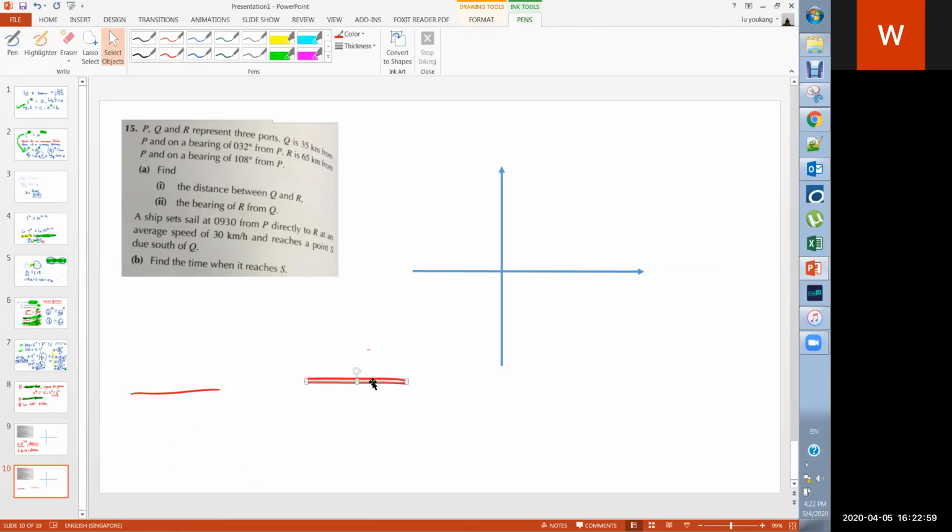Continue this question. It says Q is 35 kilometers from P on a bearing of 32 degrees from P. So let's say you have your P here. From P, you go to the north, 32 degrees.